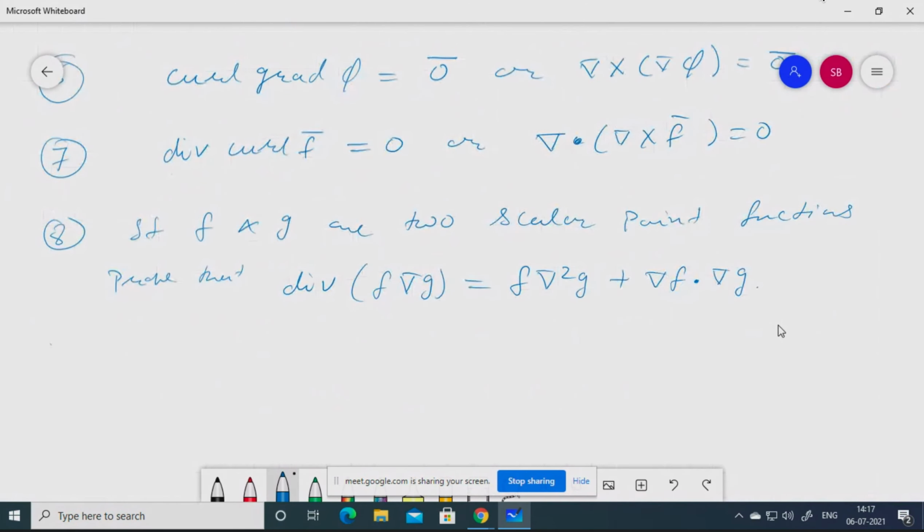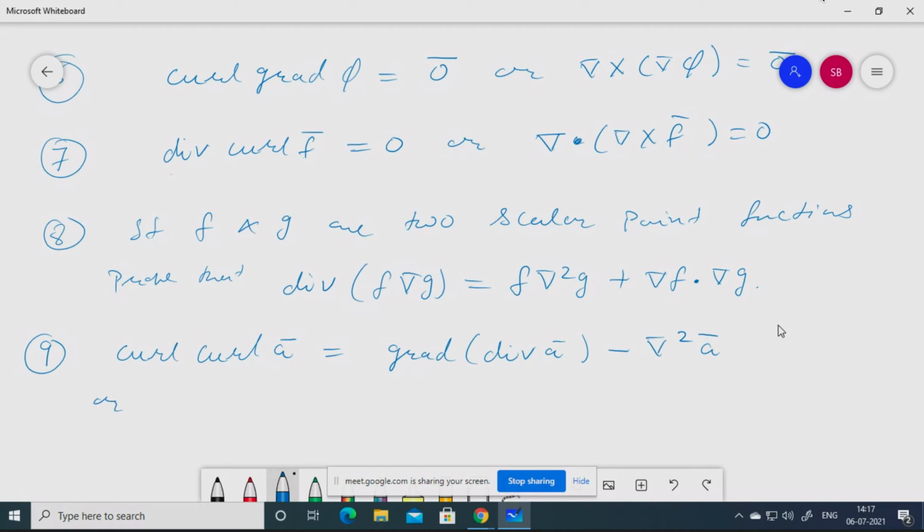And the last one, ninth one, we have to prove curl of curl of A bar is equal to gradient of divergence of A bar minus del square A bar.